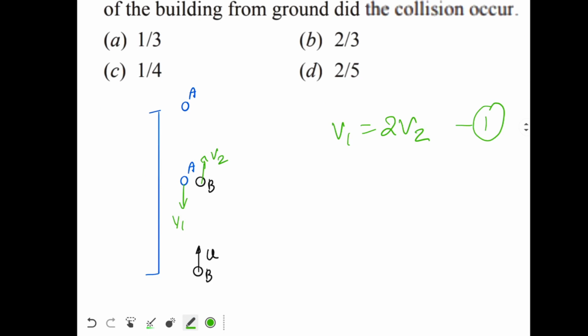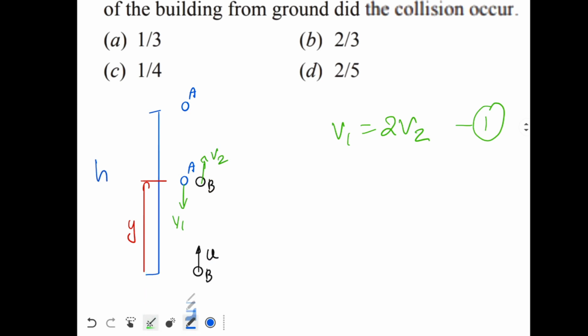Now let's assume that the balls collide at a height y from the bottom. Then for the ball A, I can write down final velocity square minus initial velocity square equal to 2g into, let's write the values first. This is y and the height of the building is h.